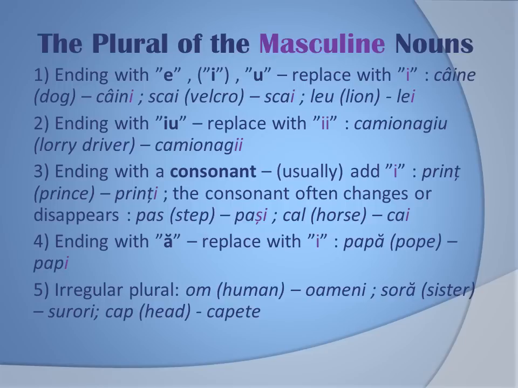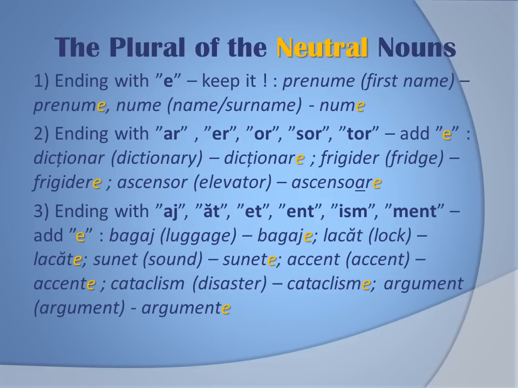There are many irregular plurals, and we won't be focusing on these ones because there are so many, and if you really want to pick them up, you can by reading a lot and by talking to Romanians or to people that speak Romanian really well. So there is a chance to get those.